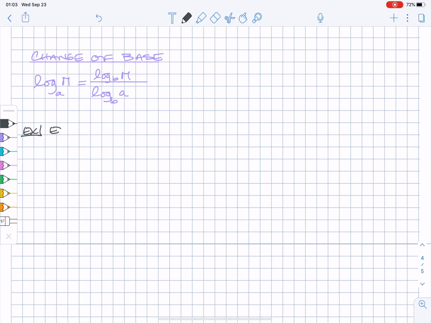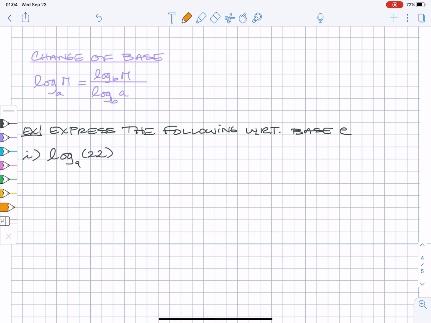Okay, so for example, express the following with respect to base e. Number one, let's say we have log base 9 of 22.